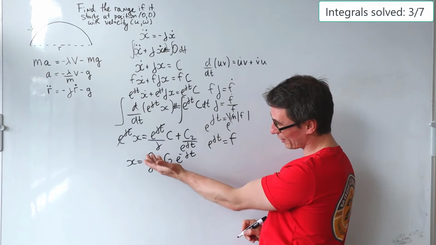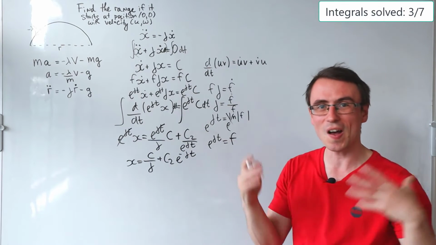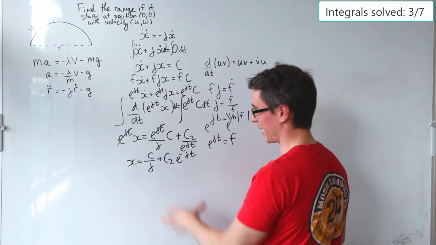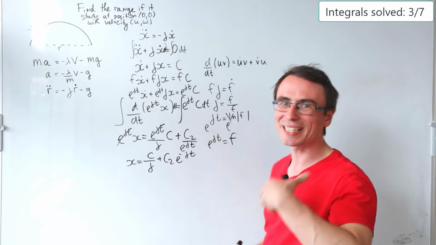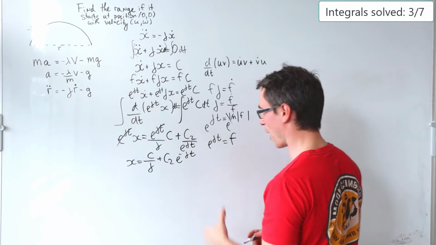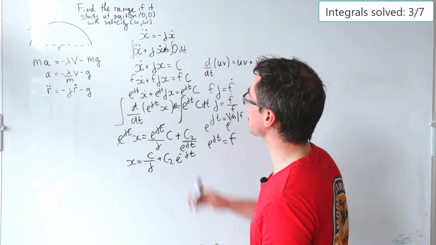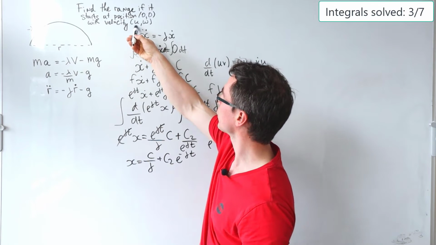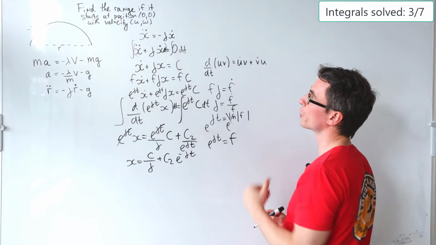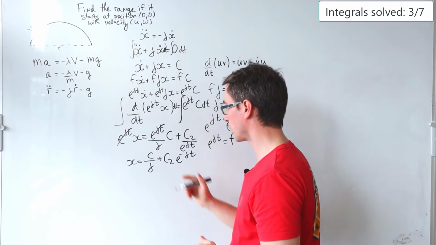All we need to do is figure out what those two constants are, and then we have an equation for x. And this is where we're going to be using the boundary conditions of our problem. We know that the initial speed is u, and we know that the initial starting position is 0.